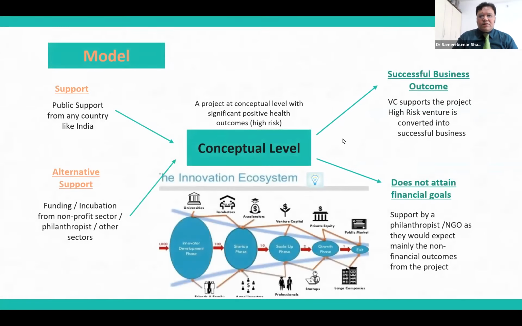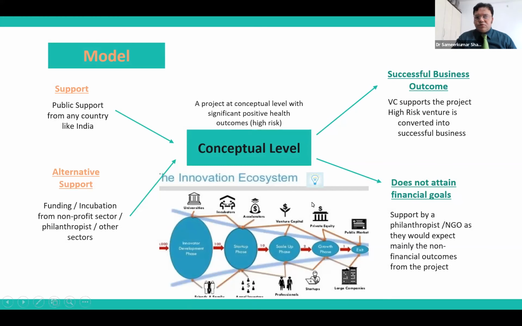Now, again, why this model? How, especially in our country, will this work? Let's say there is a project which has better clinical outcomes and a better socioeconomic impact.